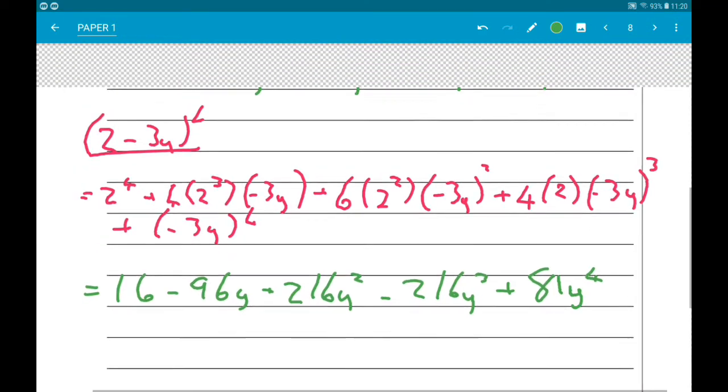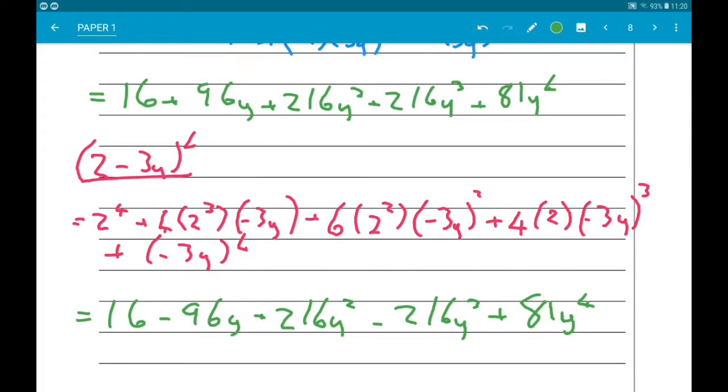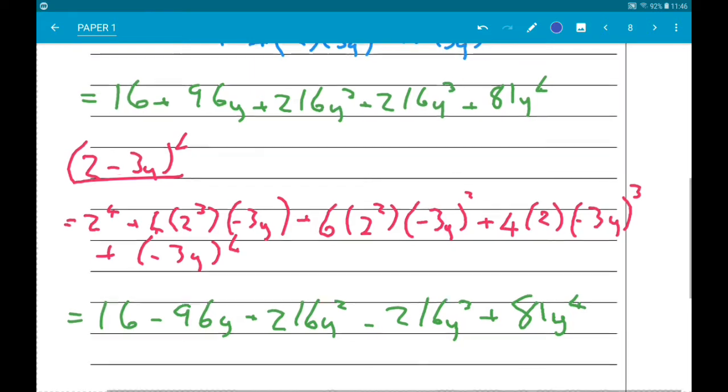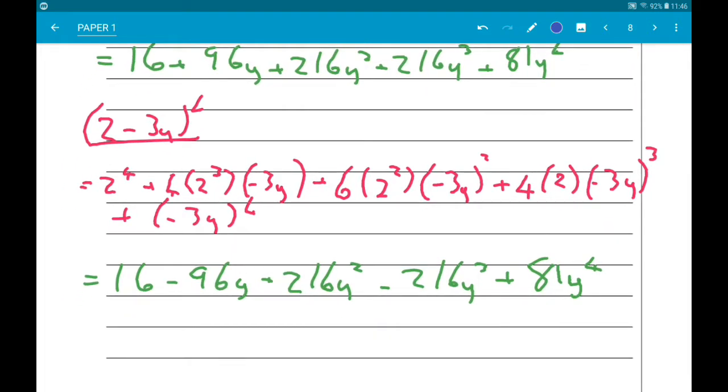Okay, so now all we need to do is add the two together. From here we can now get an expression for the original sum: 2 add 3y to the 4, add 2 minus 3y to the 4. We're going to add these two expressions together.